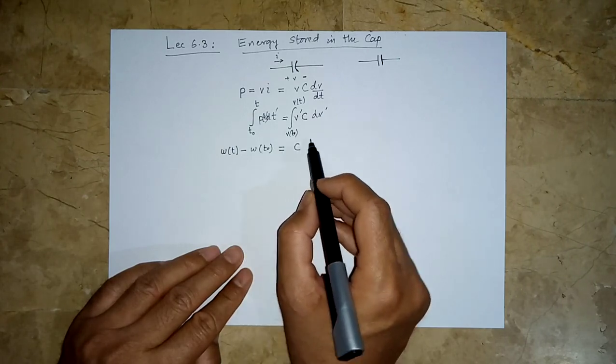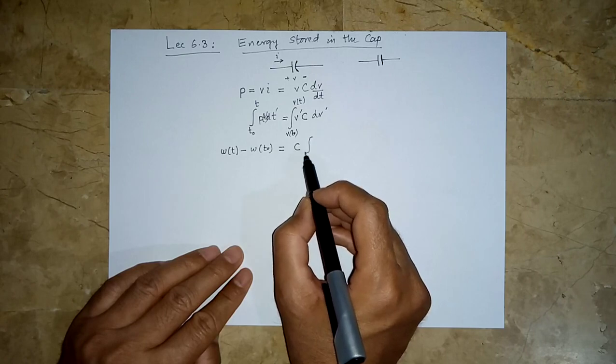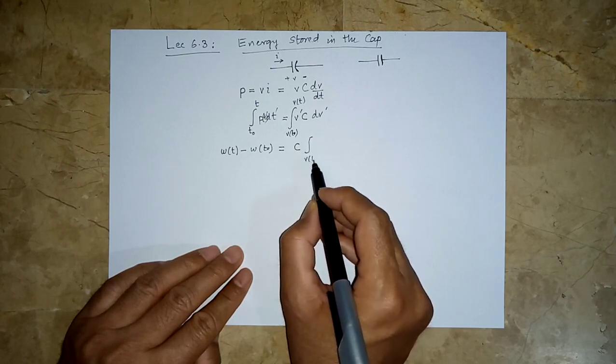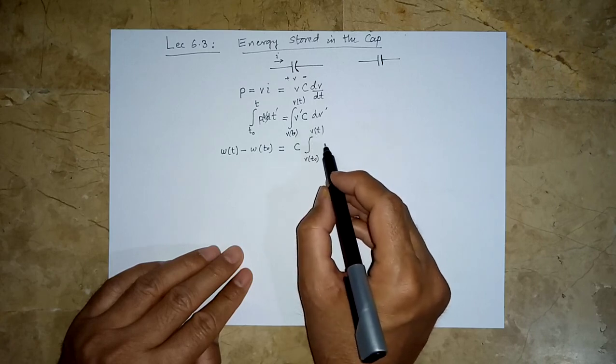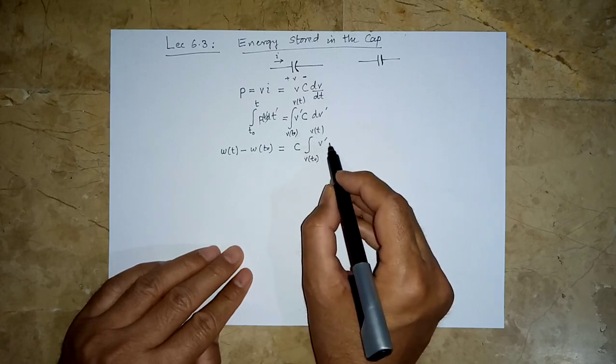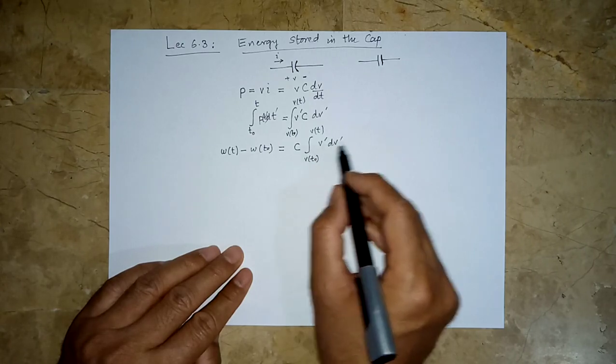This is equal to, and what do we get here? C is a constant, so we take it outside, and here we have an integral of x, where x is V. So what do we get when we solve this?